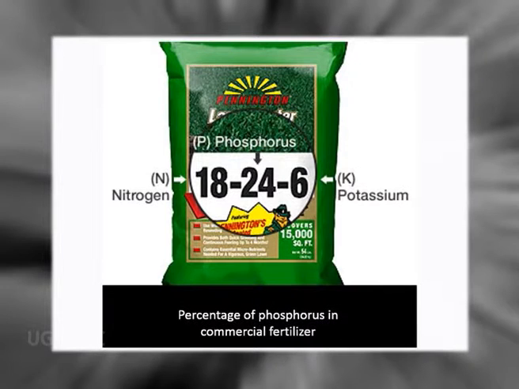So fertilizer contains NPK, where the normal proportion for an agricultural land is 18 parts nitrogen, 24 parts phosphorus and only 6 parts potassium. So this is actually enriching the soil with a huge amount of phosphorus.